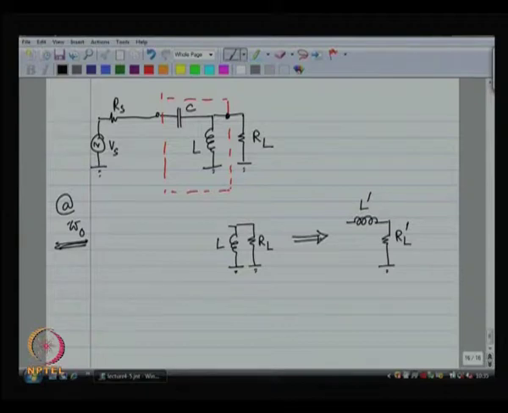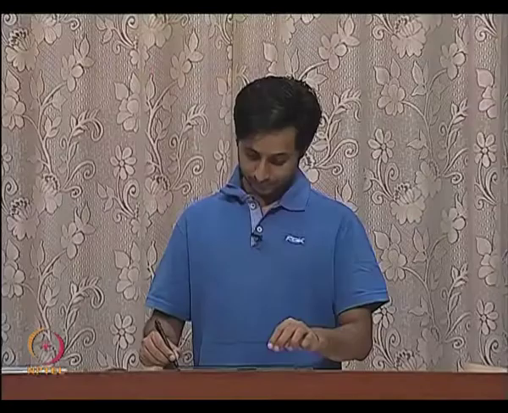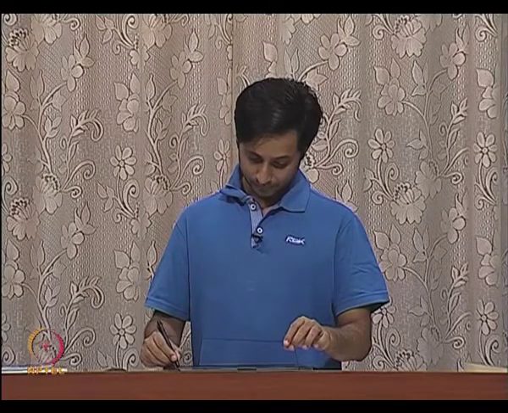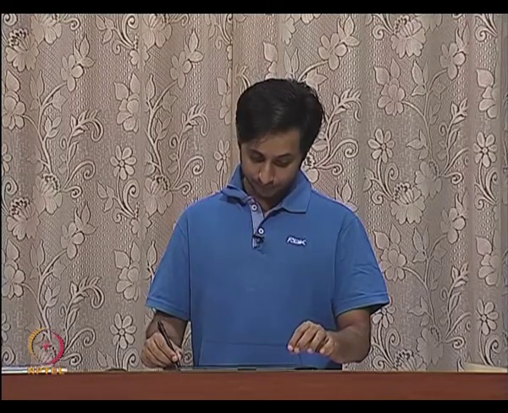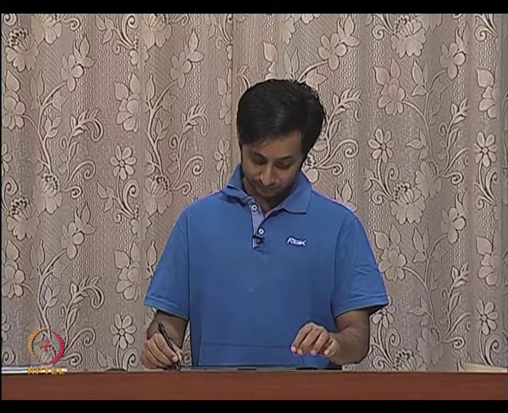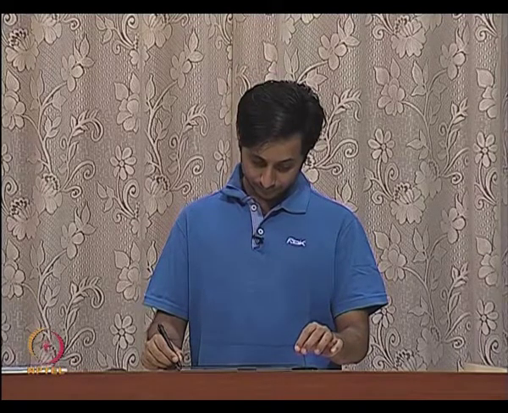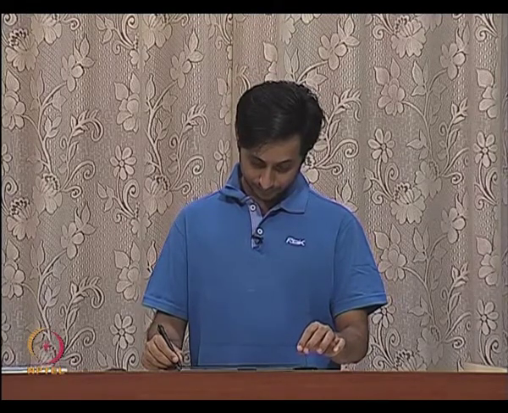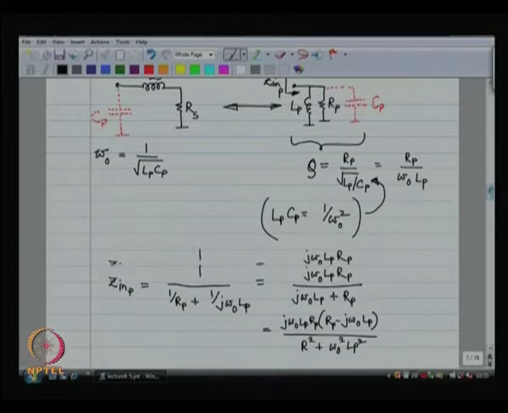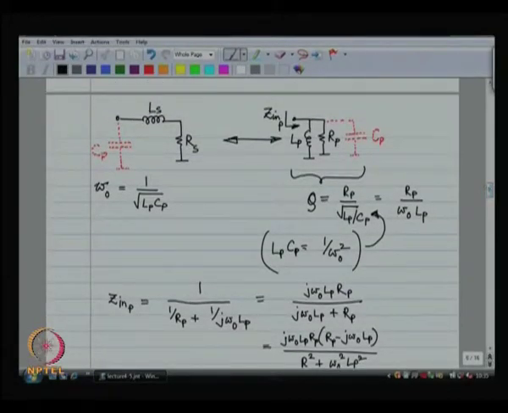And what is the relationship? What is L prime, R prime, R L prime? Go back to the discussion in the previous class. So, this is what we had done in the previous class.